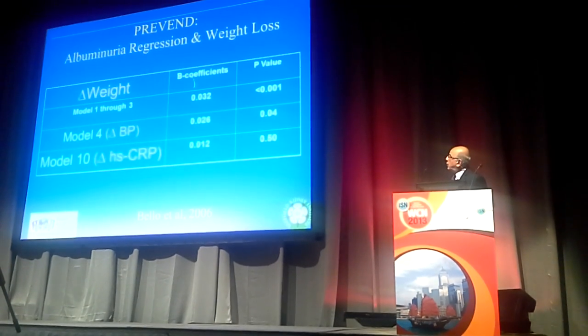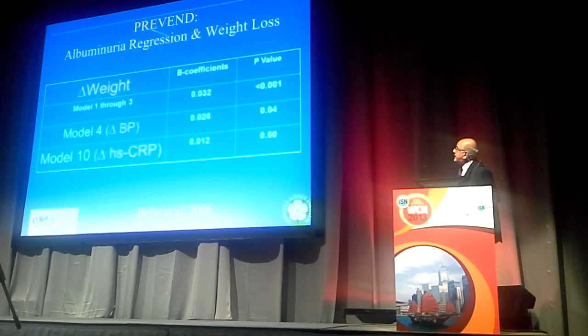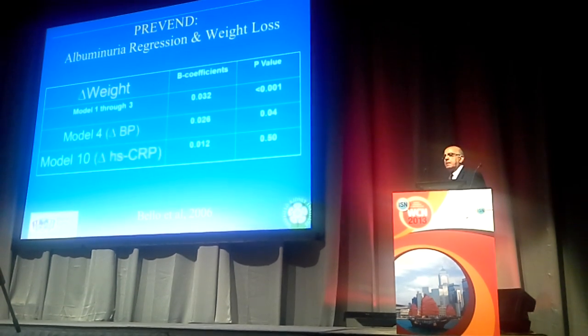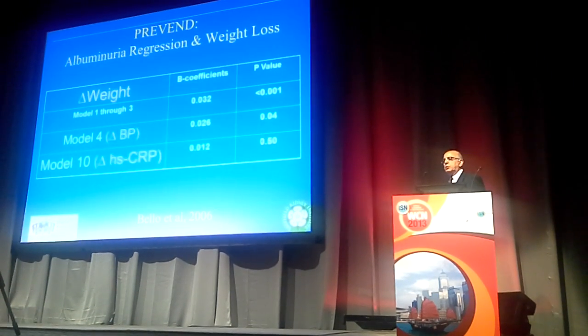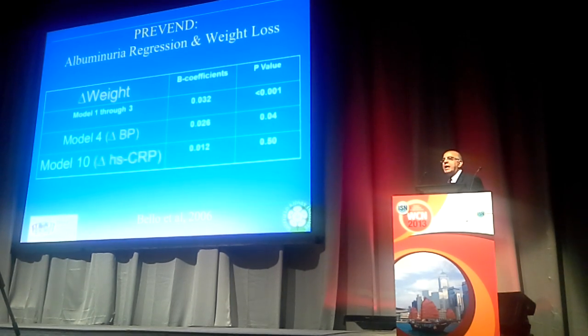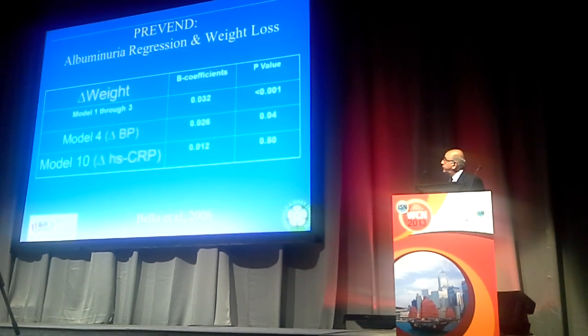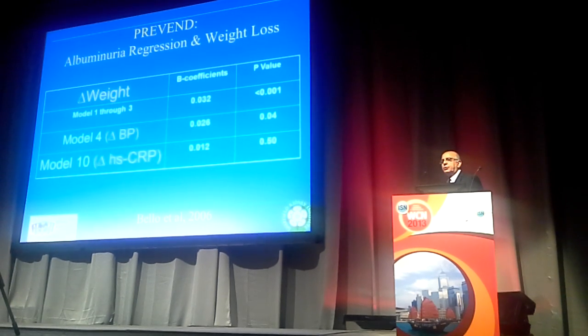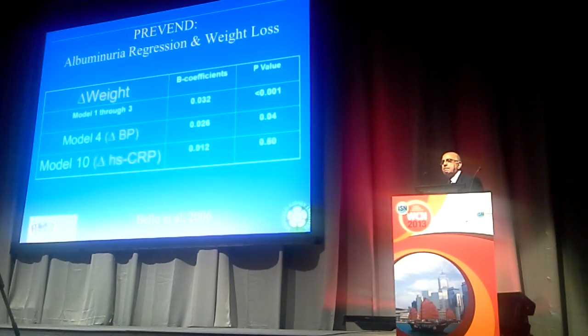A few years ago, Amino Mella, who's in the audience, analyzed data from PREVENT and looked at people with microalbuminuria, followed them up for 4 or 5 years, looked at who lost weight. And those who lost weight also lost the microalbuminuria.